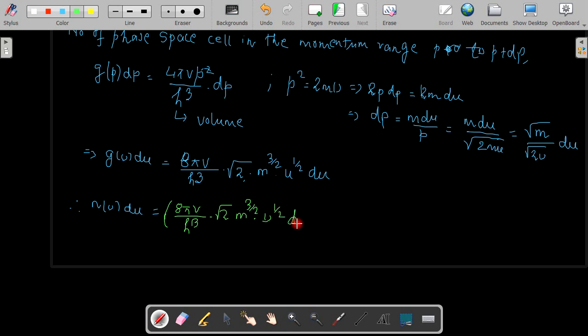We have to make a note of this. In your tutorials also they are using this result, and I think in one place it was asked also, so I think it's important. Into 1 plus e to the power (u minus uf) divided by kT. So what is this? This is the Fermi-Dirac distribution law of electrons in metals.